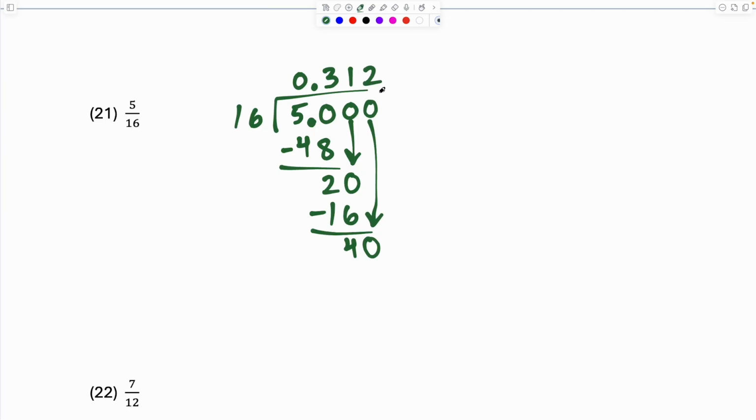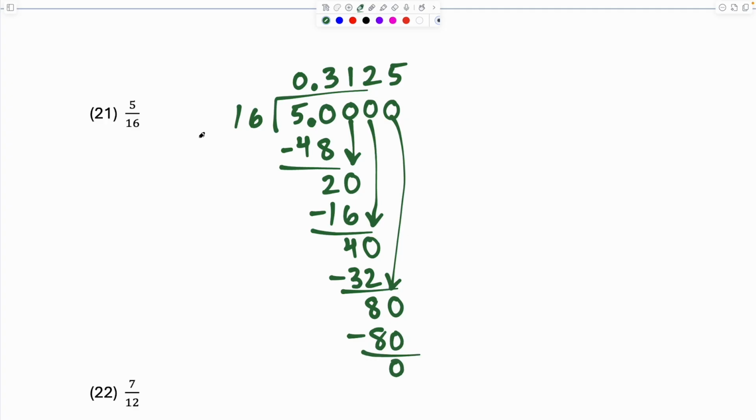I could get as close as times 2. 2 times 16 is 32. I subtract, and I have a remainder of 8. And now 1 extra 0. So for this, 80 divided by 16, we could get exactly there by doing 5. Okay, so we have 5 times 16 is 80. We subtract, and we have no remainder.